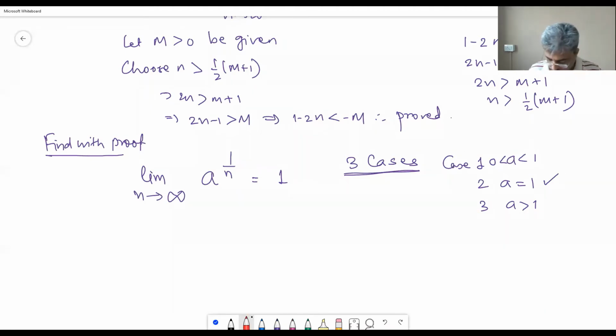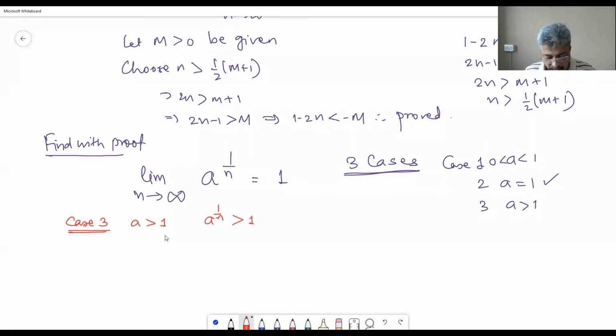Let me show you one more method of doing it. Now let me take case 3, a is greater than 1. Therefore a raised to 1 by n is also going to be greater than 1.